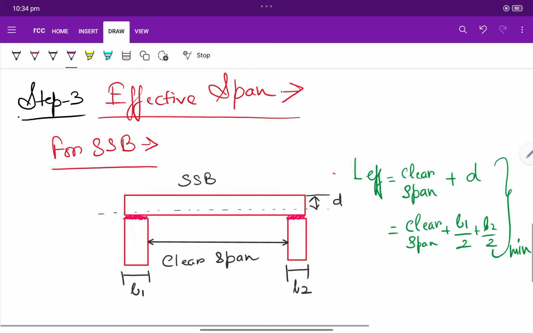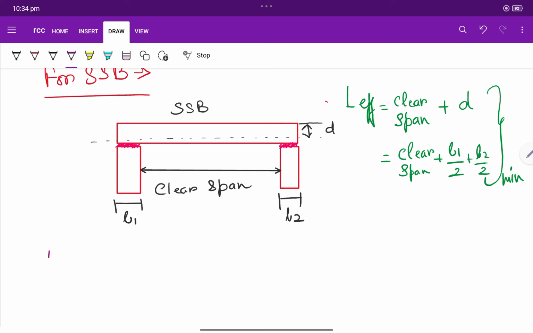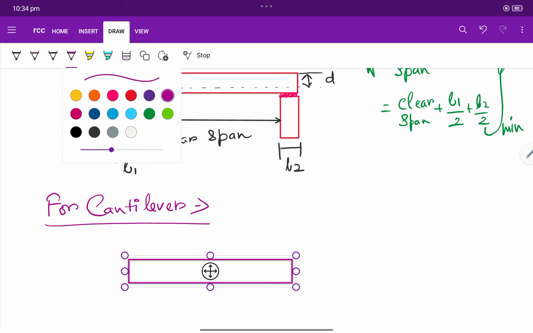Next, this was for the simply supported beam, so let's see it for the cantilever also. For the cantilever, we have to draw one beam.